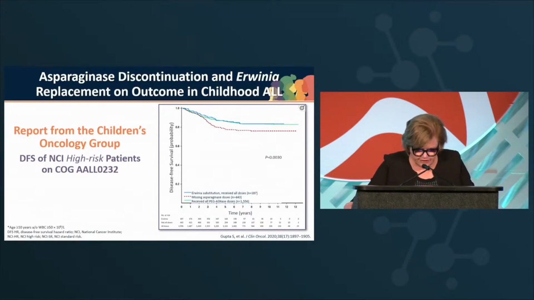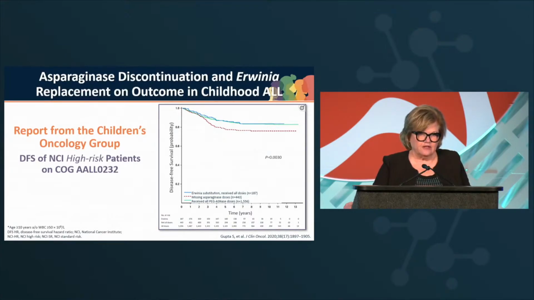You can see here that the patients that were missing asparaginase doses had a much lower disease-free survival probability compared to those that received all their PEG or were substituted with Erwinia.